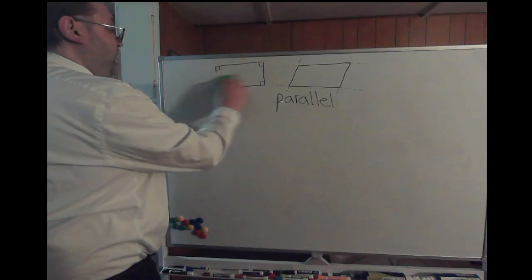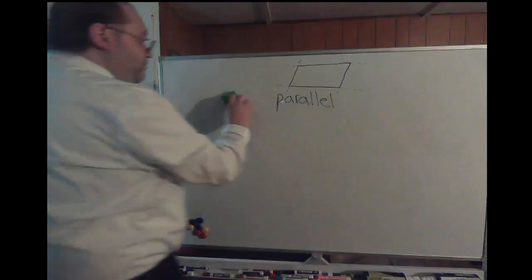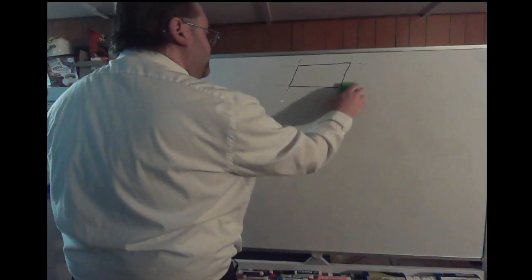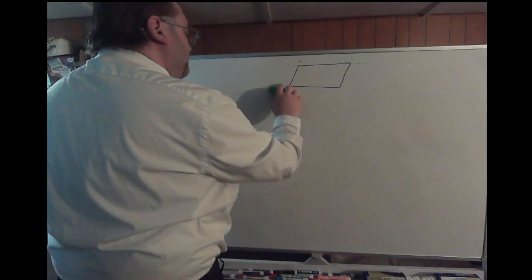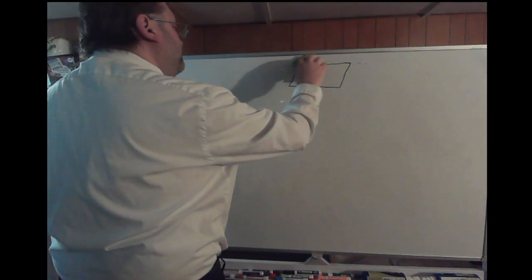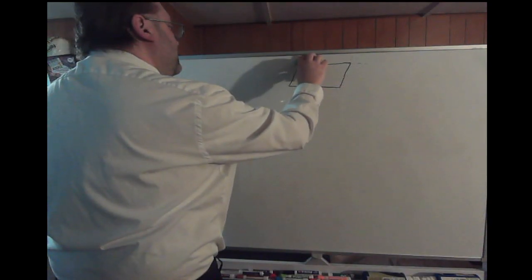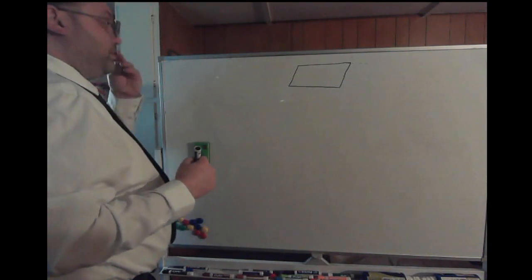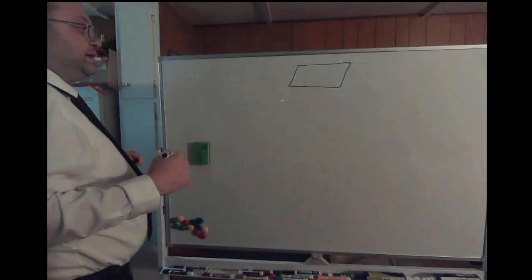Whereas a parallelogram is not a rectangle. It just simply has two sets of opposite sides that are parallel to each other. So that's how you determine what a parallelogram is.